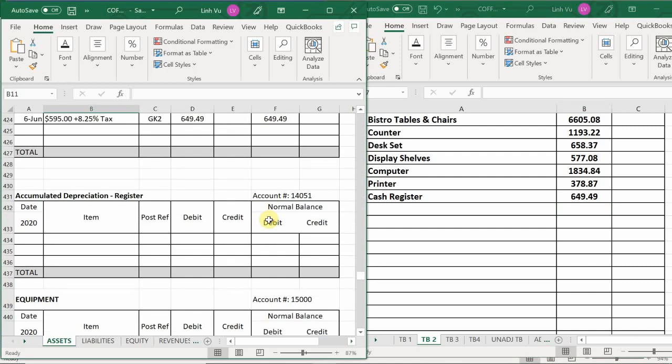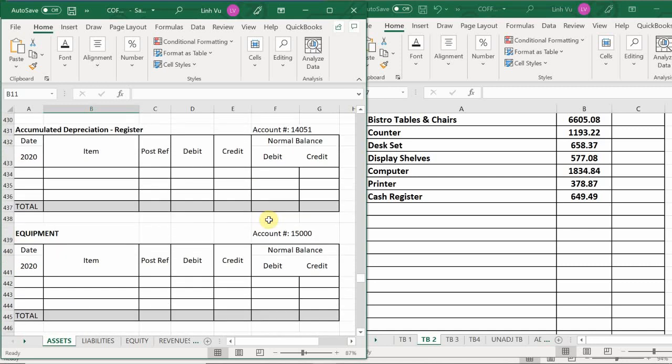It doesn't matter if you closed the last week. You just write absolutely everything that you have on the ledger, every account that has an account balance.